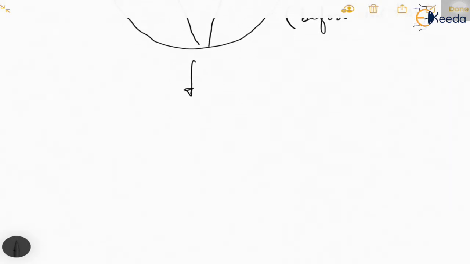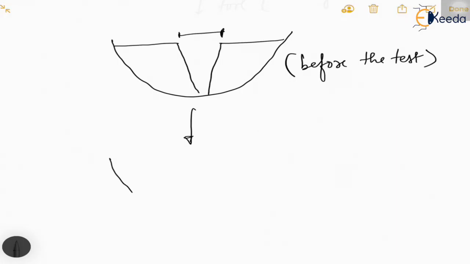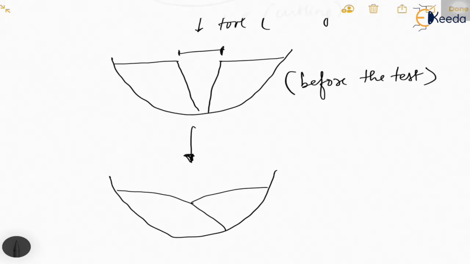So when this soil sample is tapped 25 times and it is able to flow and join together, this amount of water content at which in exactly 25 blows we are able to obtain the complete flow of soil is termed as liquid limit by Casagrande method. Okay, so I hope you have understood what is actually happening.